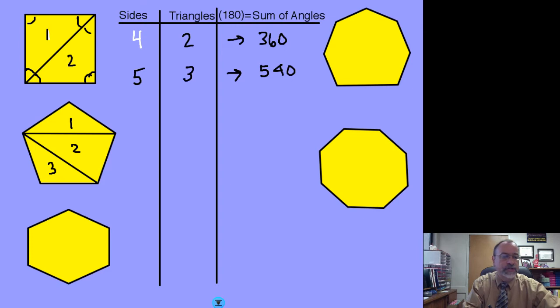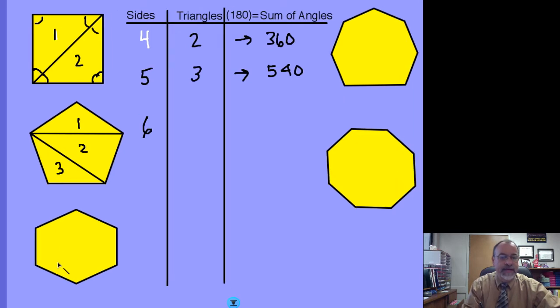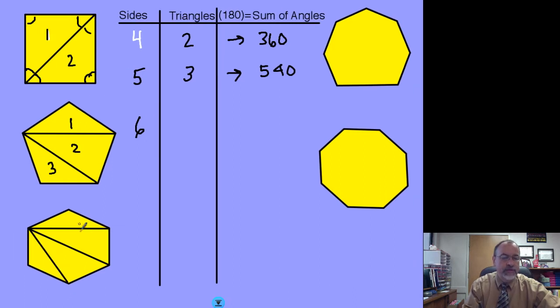Alright, so let's do the next figure then. Here is a hexagon that has 6 sides. So if we divide that, going from one vertex using the diagonal, here's one, oops, it's another diagonal, and then another diagonal. Alright, then how many triangles do we have here? Well, here's a triangle, here's a triangle, here's a triangle, here's a triangle.